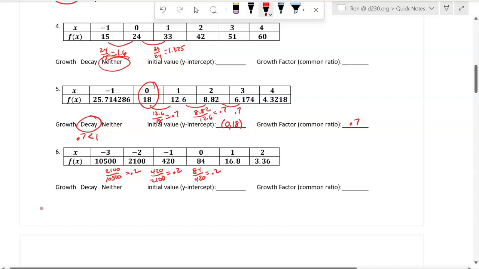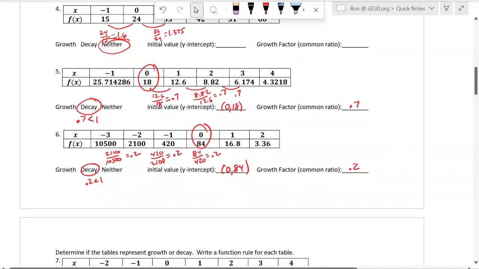So yes, this would be exponential. Since we're going down, or 0.2 is less than 1, it's decay. My initial value here is going to be 0.84, and my growth factor would be 0.2.